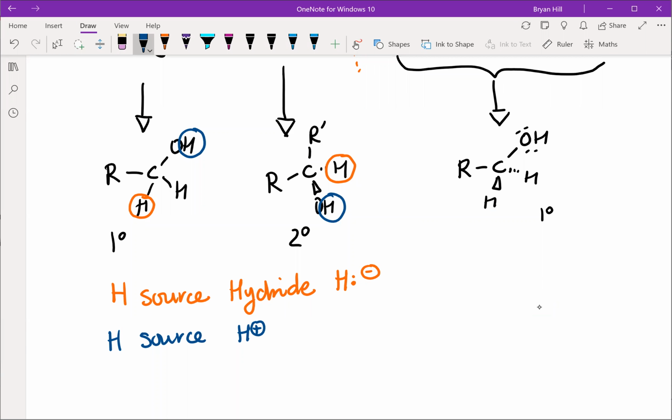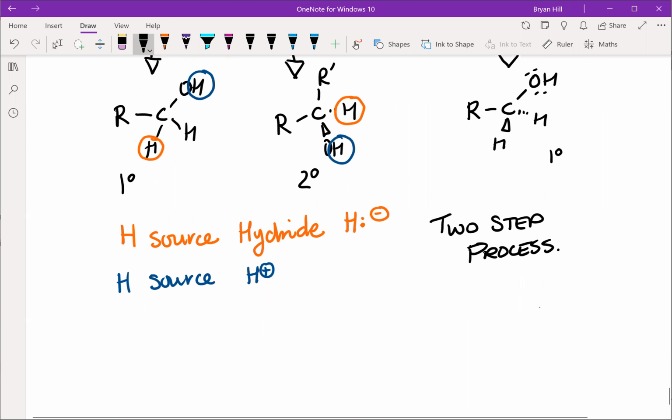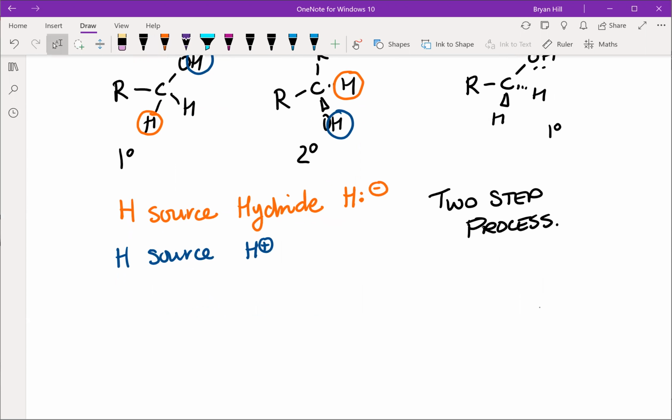So one source is going to be H minus. The other one is going to be H plus. So this is going to be effectively a two-step process, because you couldn't have H minus and H plus together, they're just going to combine and make hydrogen gas, so to speak.